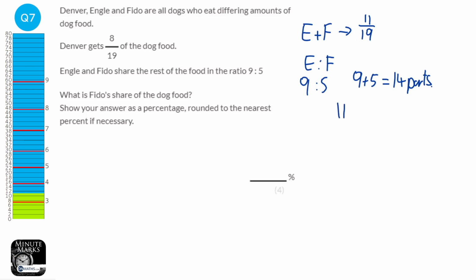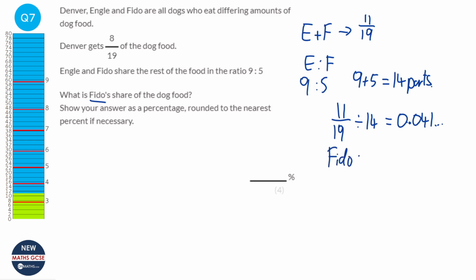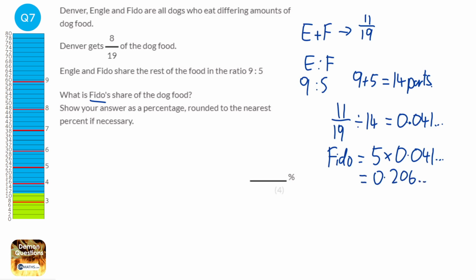So what I'm going to do is to find out what fraction one of those parts is worth by dividing 11/19 by 14. So each part is worth, and I'm just going to keep this in my calculator, 0.041 and so on. And we're asked to find Fido's share. Well, Fido has 5 parts, each of them worth 0.041 and so on. I've kept it in my calculator to keep the accuracy, and when I do that I get 0.206 and so on.